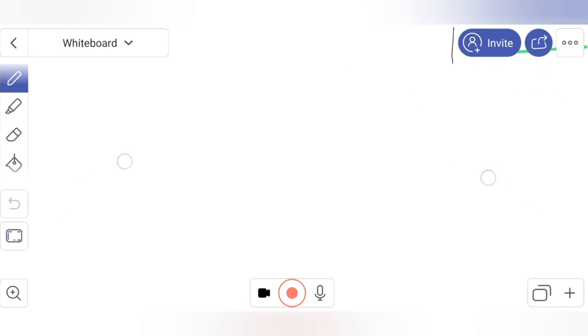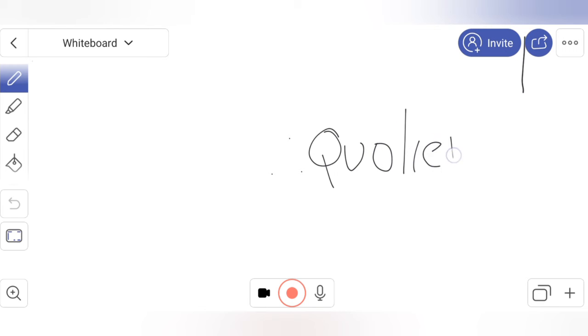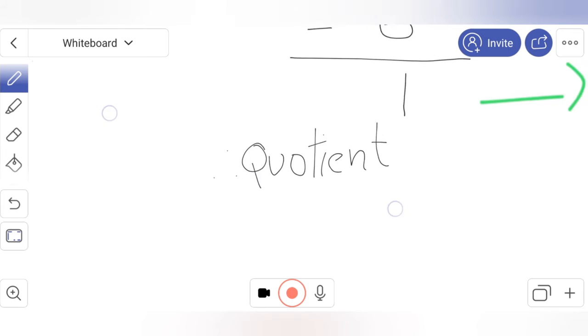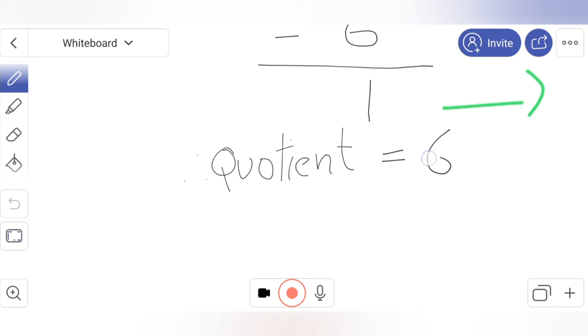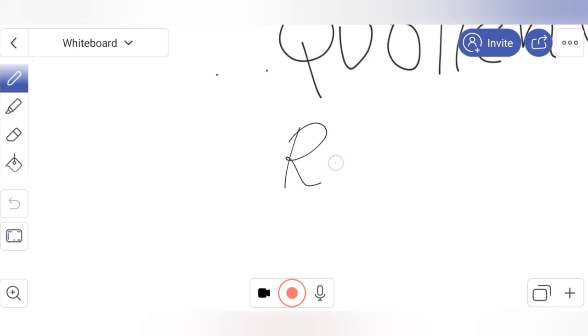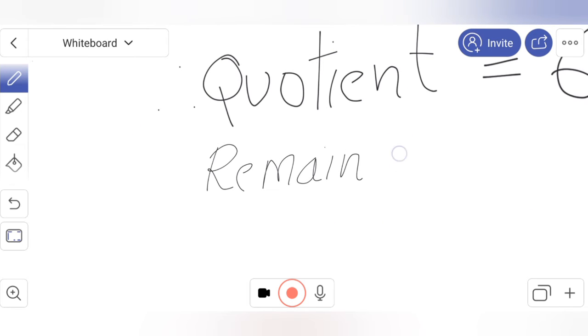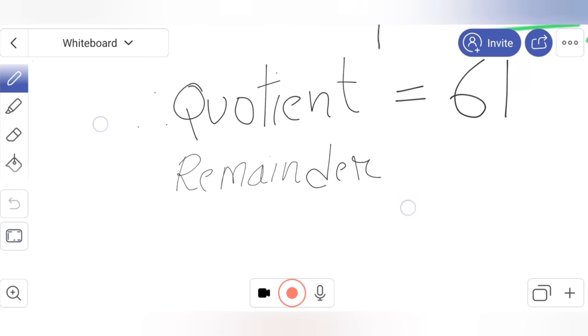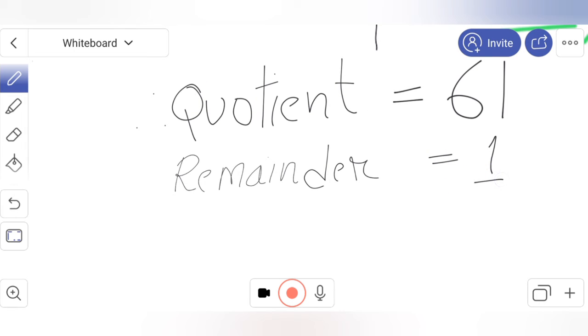So write down, just below, therefore, quotient equal to 61 and remainder equal to 1.